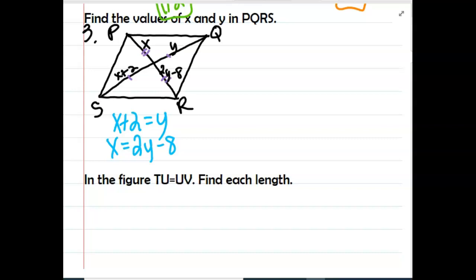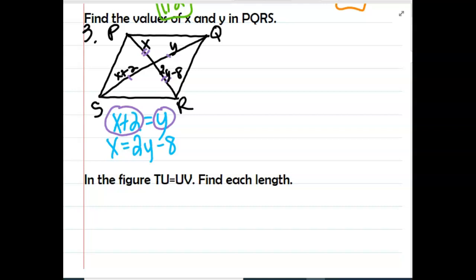This first equation says x plus 2 equals y, which is important. Because if y equals x plus 2, it means that these two things are the same. They're equal. That's exactly what equals means. Well, if they're the same thing, it doesn't matter if I use y or if I use x plus 2. Because they're the same.